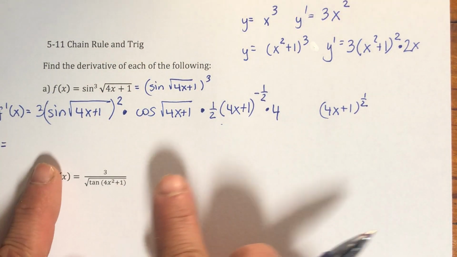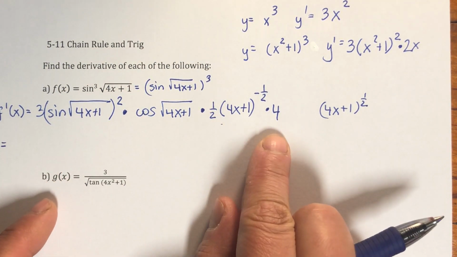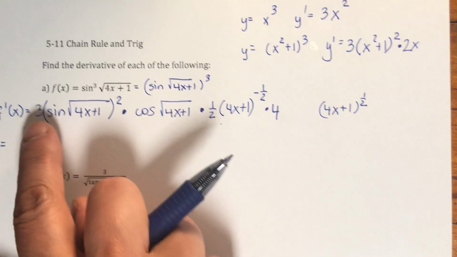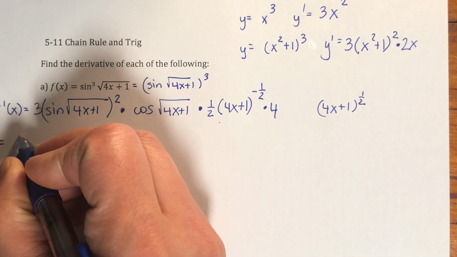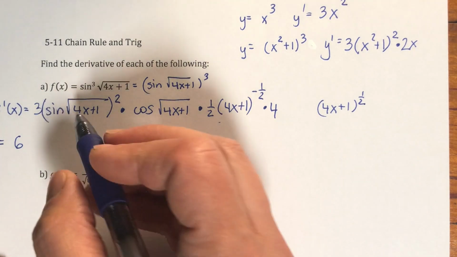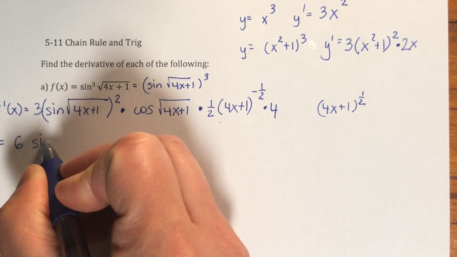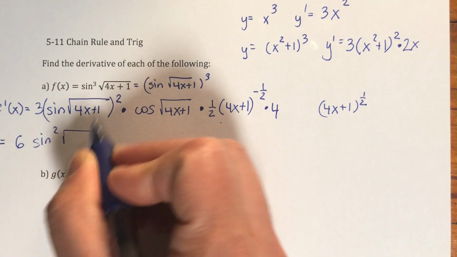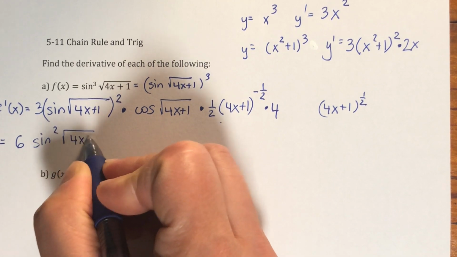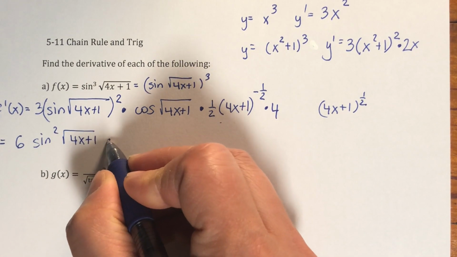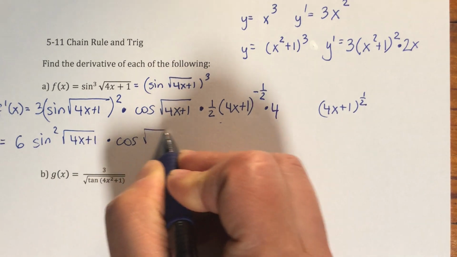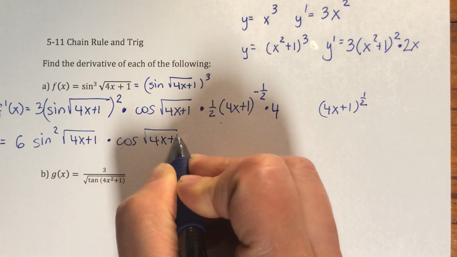So what can I do? I have half, and I have 4, that's 2. I have 2 times 3, that's 6. And then I have the sine. I can put the square here, or I could keep it the way I had it, 4x plus 1. I have cosine of 4x plus 1.